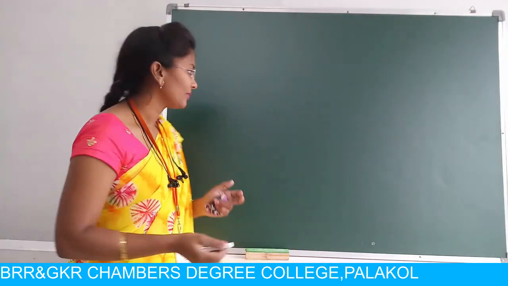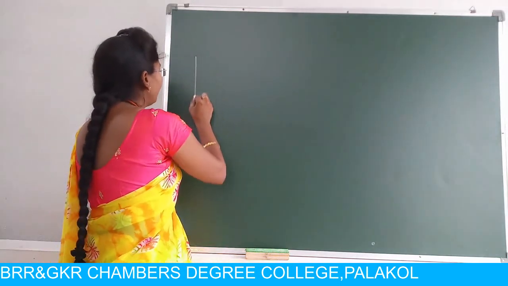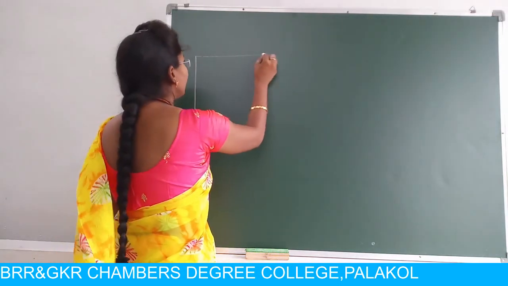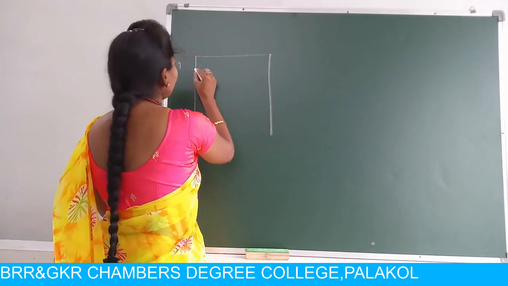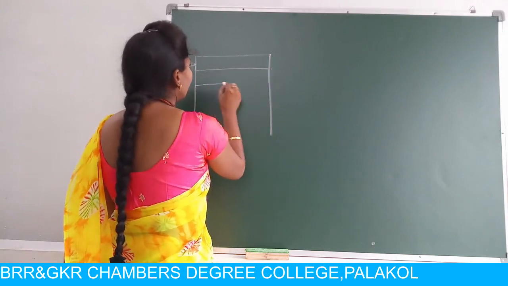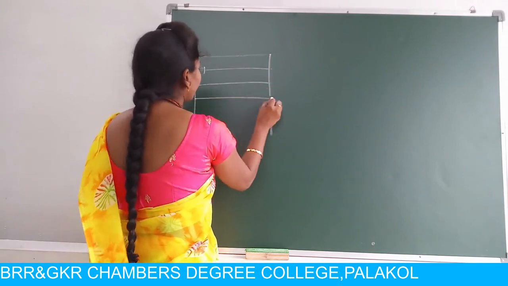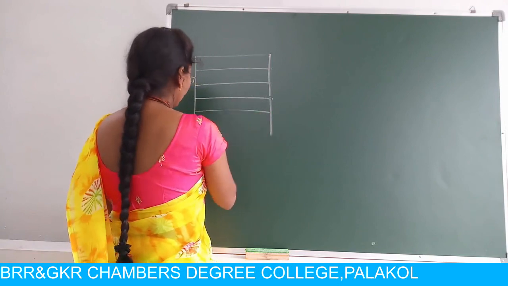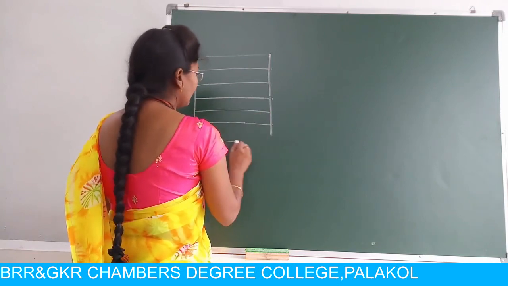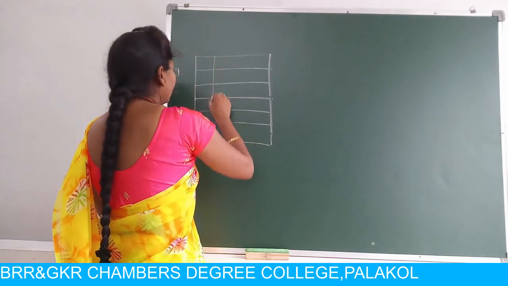How to create a map chart in Excel? First of all, we have to take some data in the Excel sheet. Here I am taking the sample data in the Excel sheet.